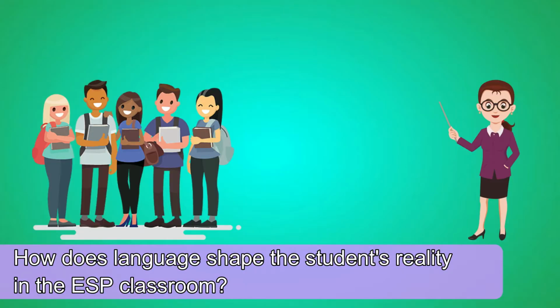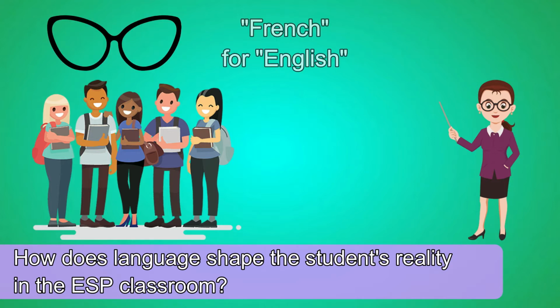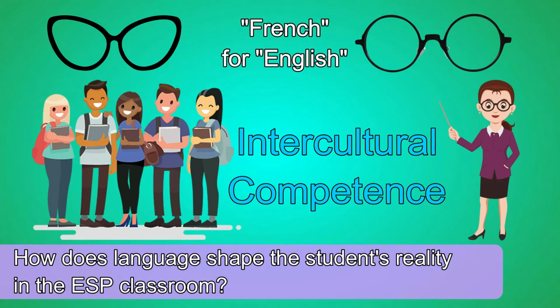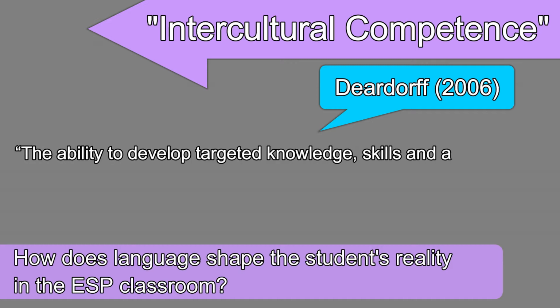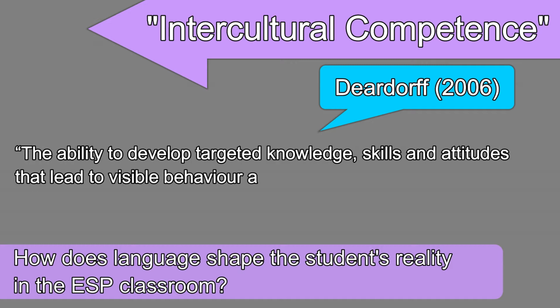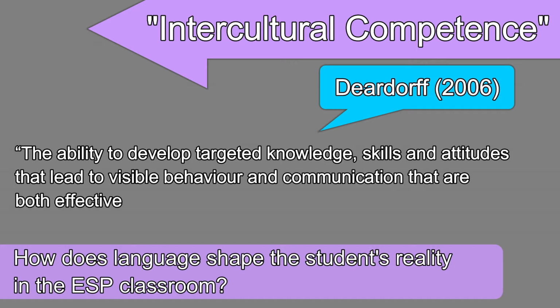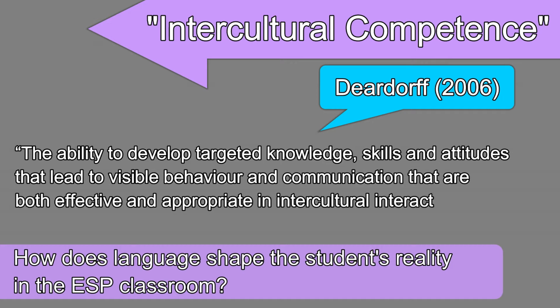What an ESP teacher has to assimilate is that he or she has to give the student those glasses in order for them to engage in this new reality through the development of intercultural competence, which is defined by Deardorff in 2006 as the ability to develop targeted knowledge, skills, and attitudes that lead to visible behavior and communication that are both effective and appropriate in intercultural interactions.